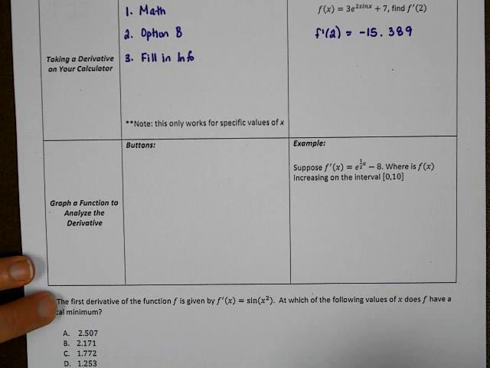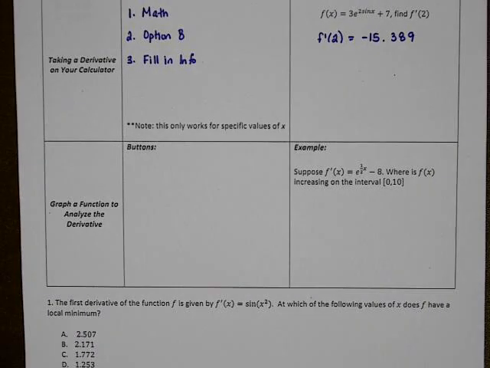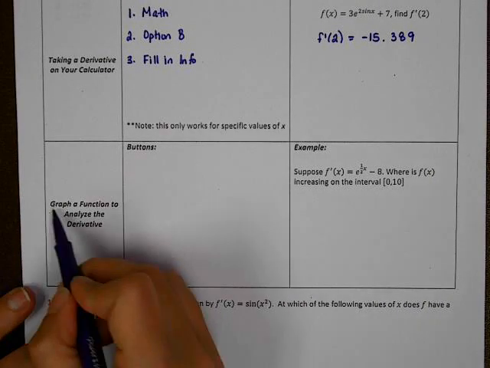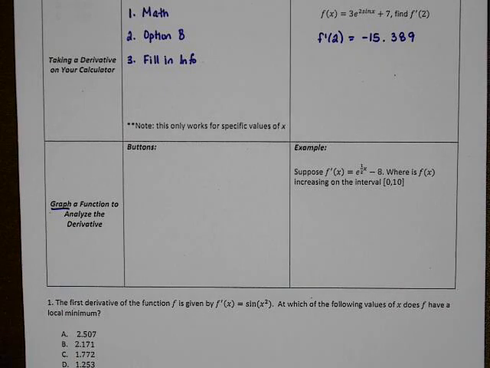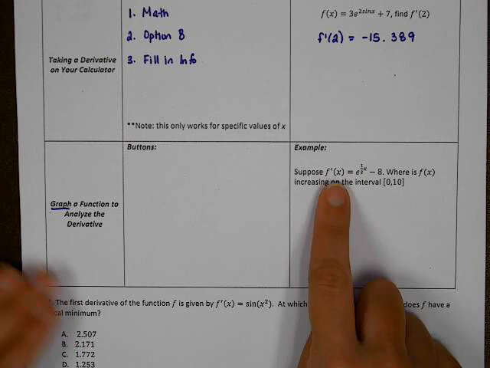Now the next cool thing that your calculator can do is it can actually draw the graph of the derivative so that you can analyze it. Now this is really important because we know how to analyze the graph of the derivative.